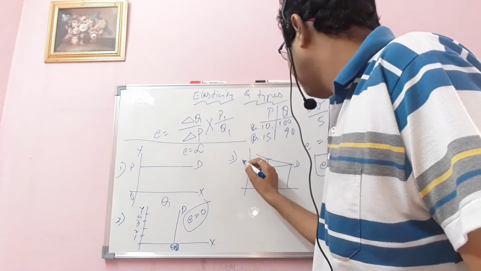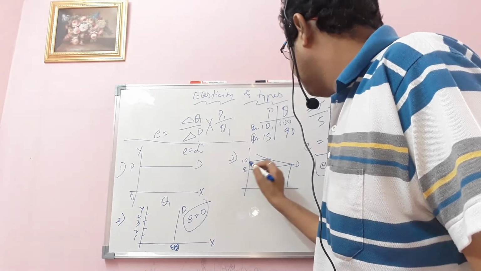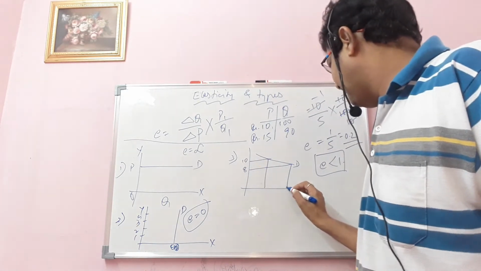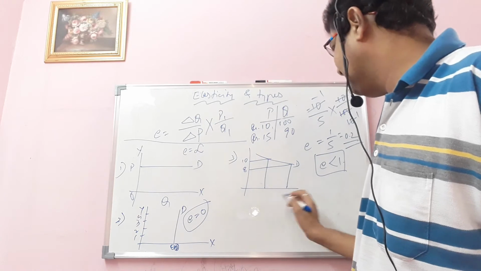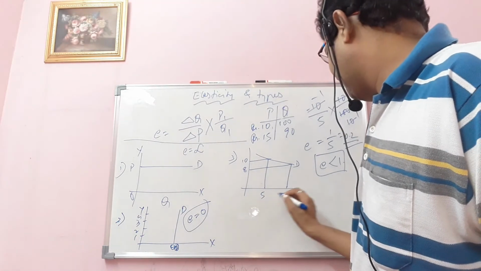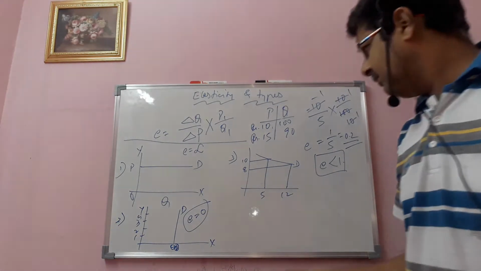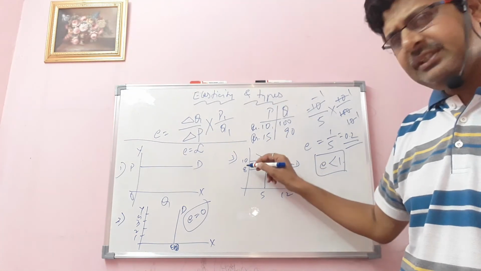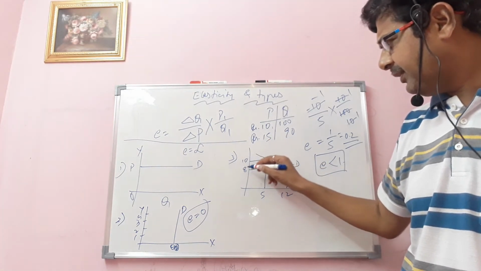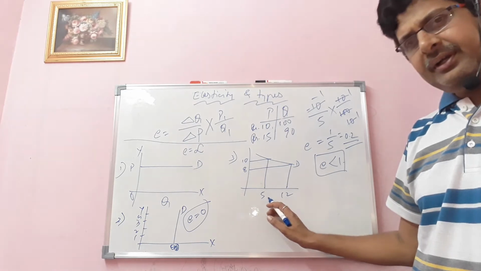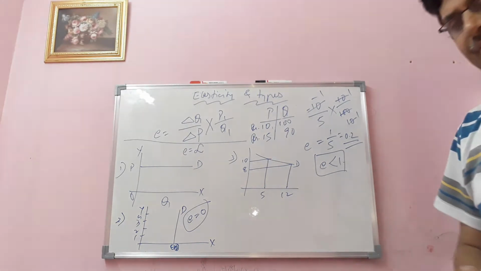Here your price may fall from rupees 10 to rupees 8, but quantity demanded may rise from, say, 5 units to 12 units. So for a given small change in price, if price falls from 10 rupees to 8 rupees, quantity demanded may rise from 5 units to 12 units.